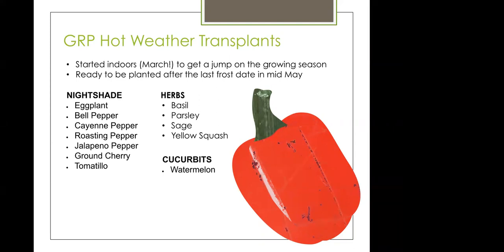And one other note that I want to make related to the climate. If you remember, last year was super wet. Some people planted out their plants a little bit early and they got suffocated by all the water within the soil.